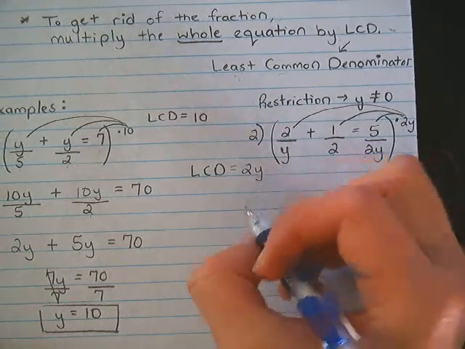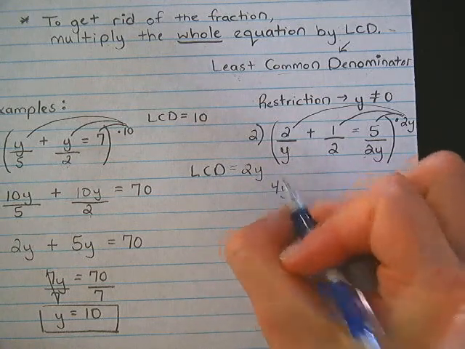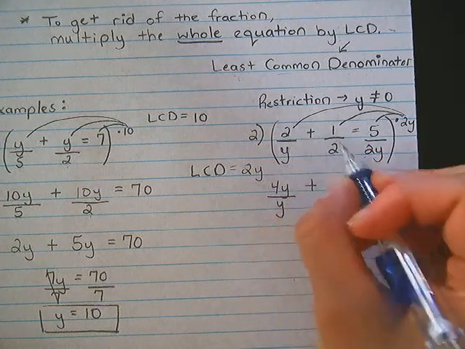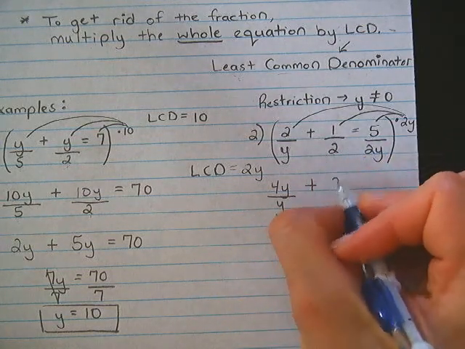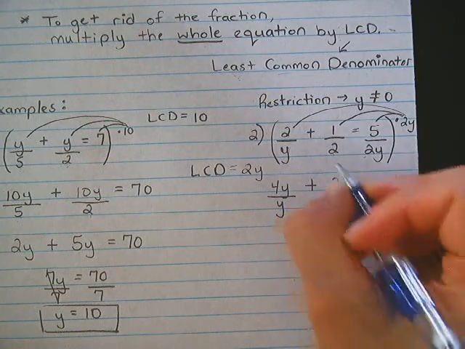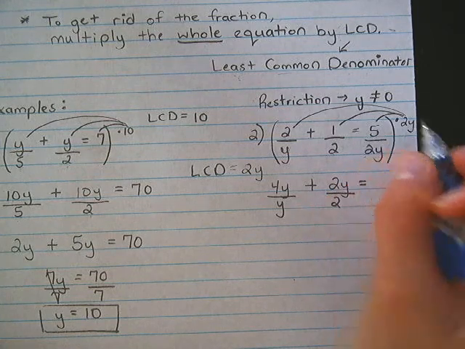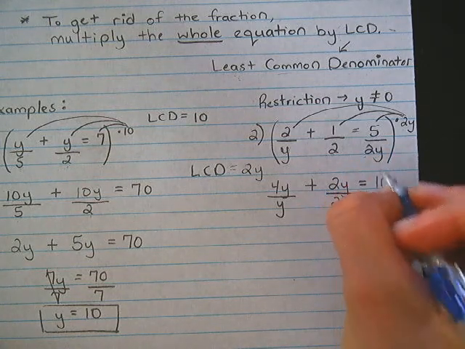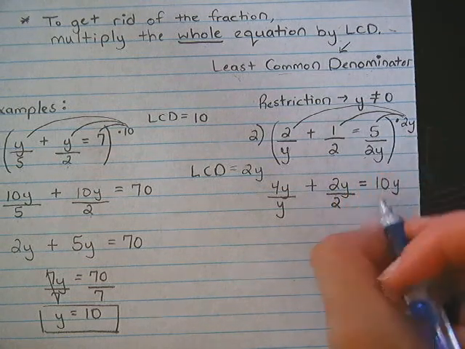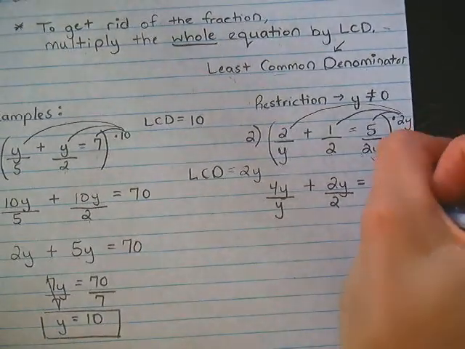So we get 2y times 2 is 4y, and then that's over y, plus, and then 1 times 2y is 2y, and then that's over 2, I'm just bringing my 2 down, equals, and then we take 5 times 2y, so that would be 5 times 2 is 10, and then I bring the y over, so 5 times 2y is 10y, over, and then I bring my 2y down.